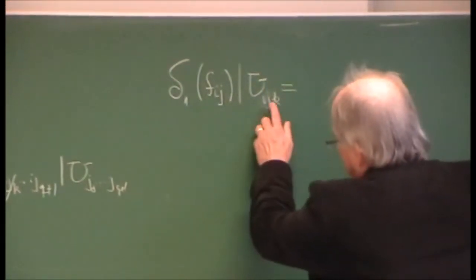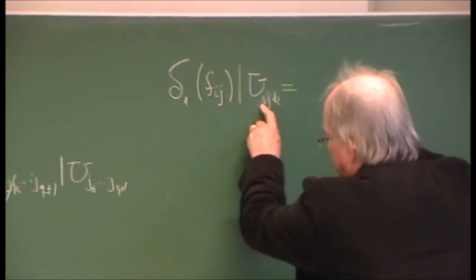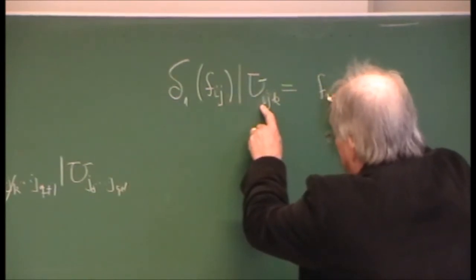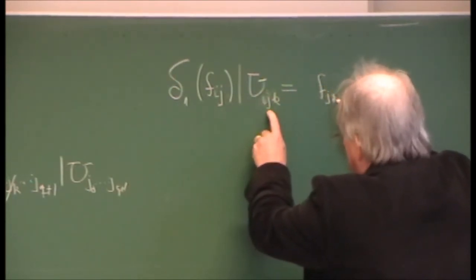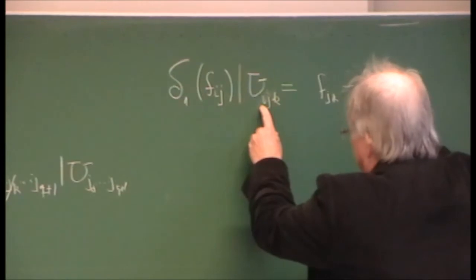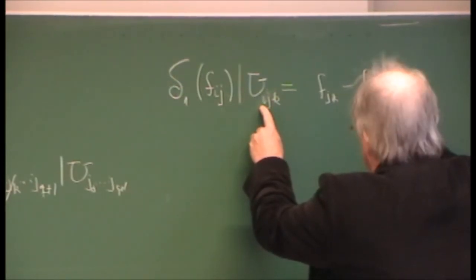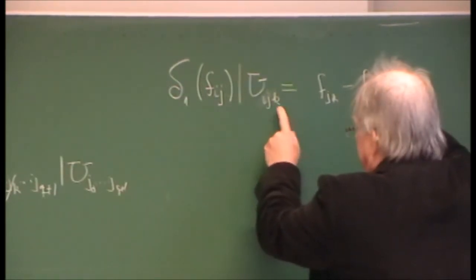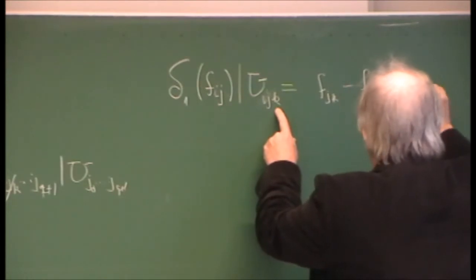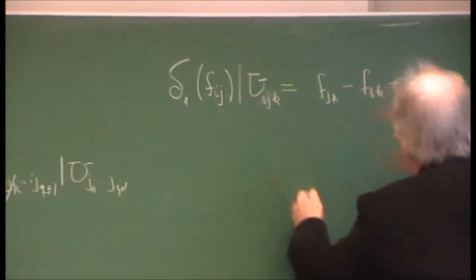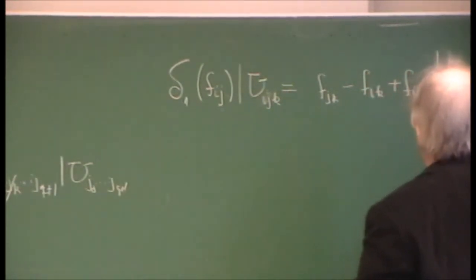I have to leave out the first one with a positive sign, so it's Fjk. Then leave out the second one with a negative sign, so it's minus Fik. And leave out the last one with a positive sign, Fij. Of course, all of this is restricted to Uijk.